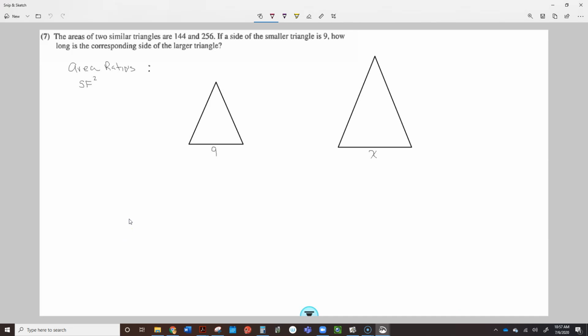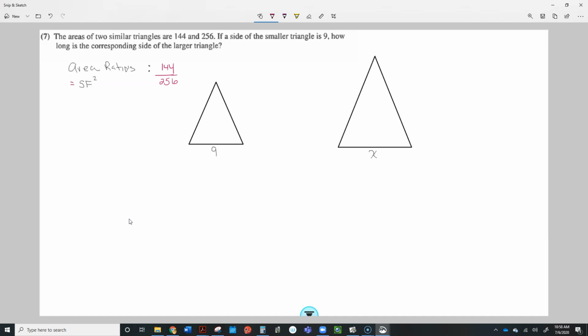The areas of two similar triangles are 144 and 256. Now you've got to remember that we can take those and write a ratio out of them, 144 and 256. But remember, this right here is the ratio of the areas. So that means that the ratio of the areas is equal to your scale factor squared.